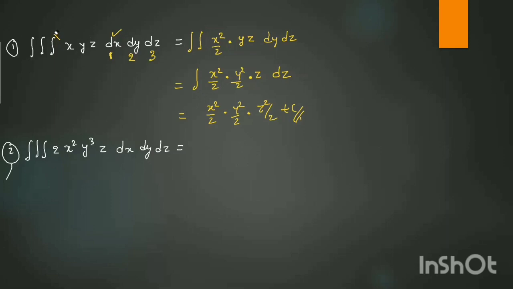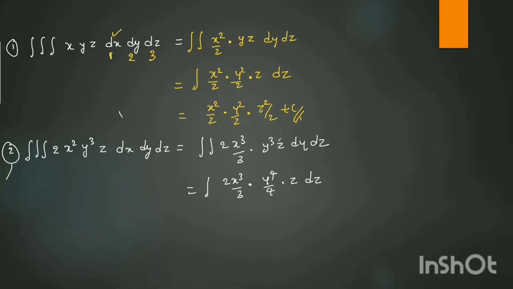So x cube y 4 z square by 12. x cube by 3, y 4 by 4, z square by 2. First, with respect to x, so x cube by 3, you keep y cube z as it is. Then, with respect to y, so 2x cube by 3 as it is, y cube will be y 4 by 4, z as it is, dz.